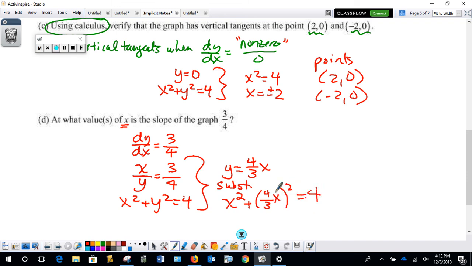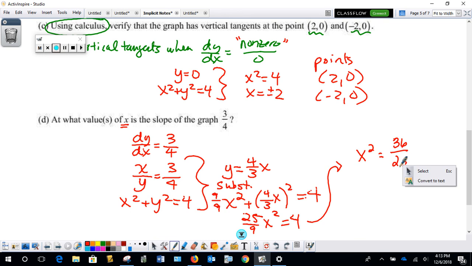This is going to give me 16/9. So I'm going to go ahead and make this 9/9. So 16 plus 9 is 25/9 x squared equals 4. I'm just solving for x, doing the algebra. x squared equals 4 times 9, which is 36 over 25. I multiplied both sides by 9 over 25.